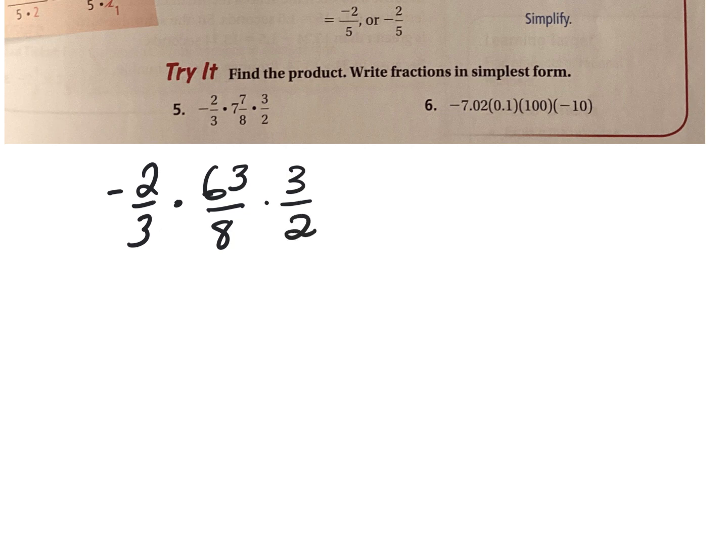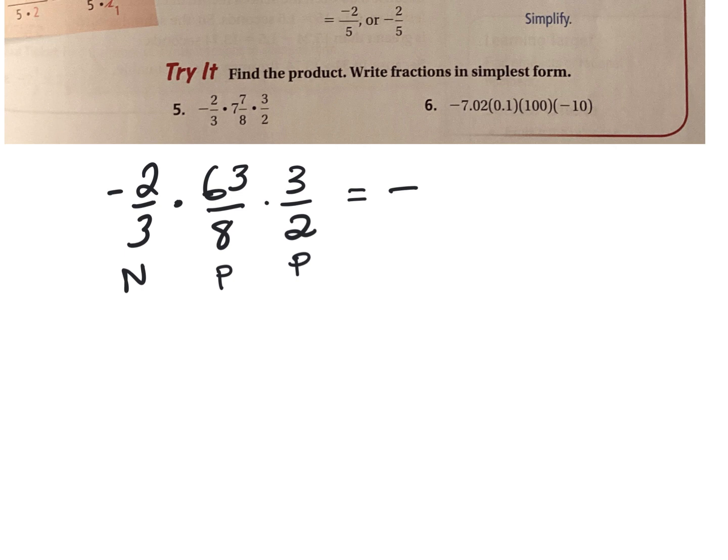Now, I know that I have a negative times a positive times another positive. So the negative times positive is negative, and then that negative times a positive is negative. So this is going to end up being a negative answer.